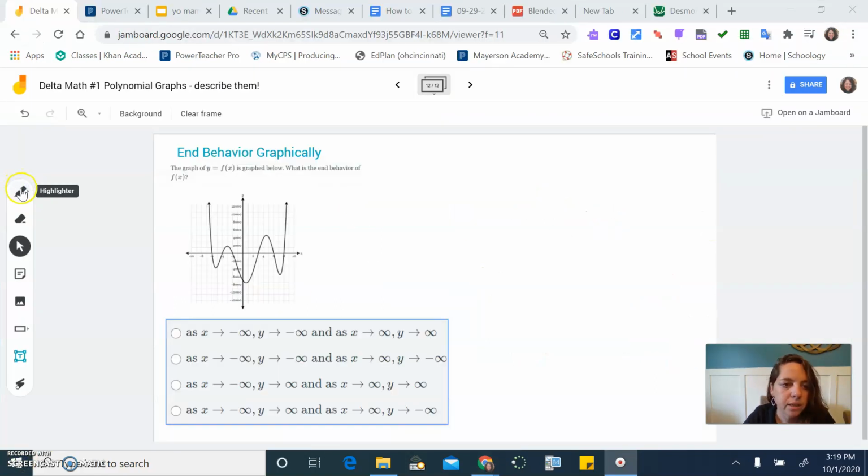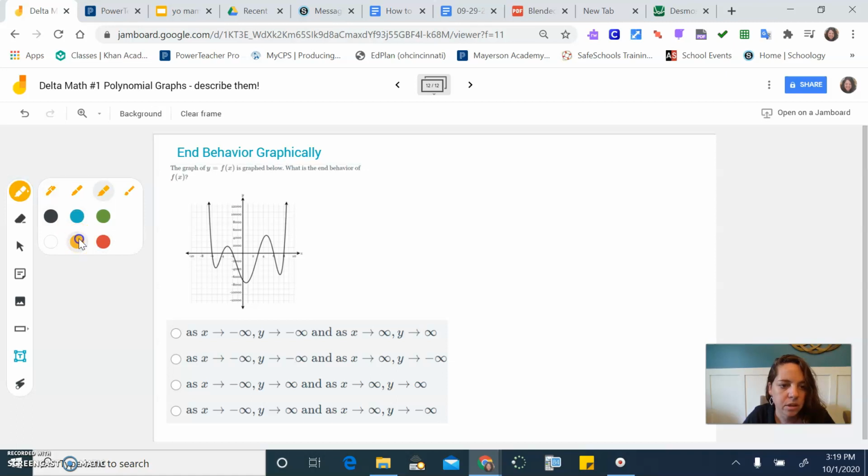Okay, so as we look at this graph, there's the next question on there. If I look at the left side, there's the left side of the graph. So as x gets closer to negative infinity, that's what all those say. What's happening to the y? Is it going up or down? It's going up.